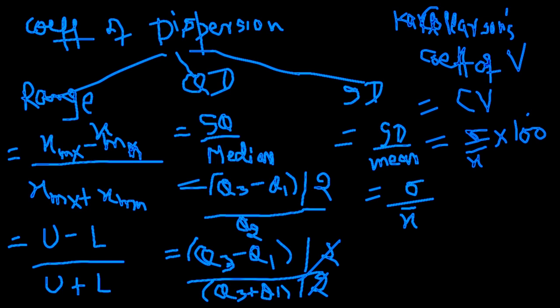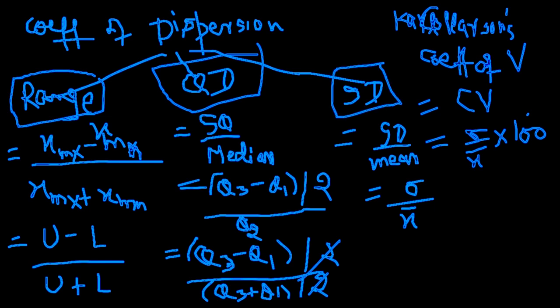So we have these three: range, quartile, and with respect to the standard deviation. And commonly used is your coefficient of dispersion with respect to the standard deviation. This is the most commonly used formula in real life applications.